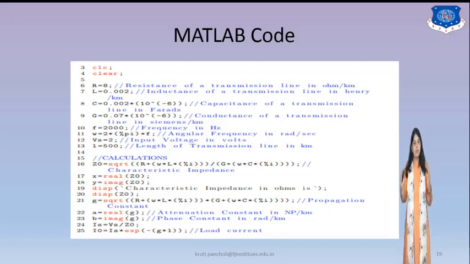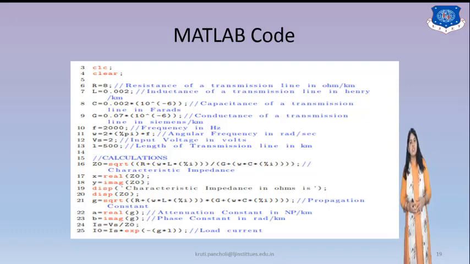We are writing the frequency in hertz. We can write the angular frequency, omega equal to 2 pi f. We can write the input voltage, which is given in volts, and the length of the transmission line in kilometers.